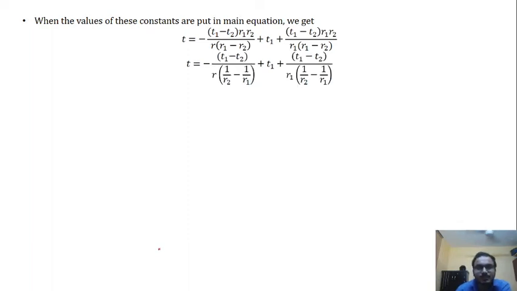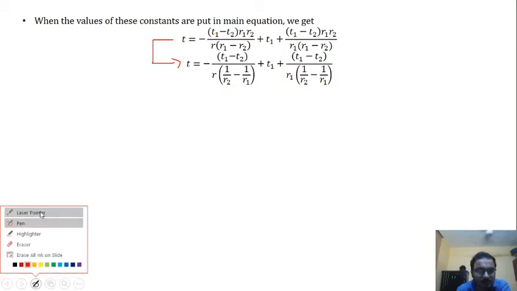And further simplifying this, from this equation to this equation, we have simply divided numerator and denominator with R1 R2. So once you divide numerator with R1 R2, this will vanish, and once you divide R1 R2 in the denominator, you will be getting 1 upon R2 here. I am talking about this.